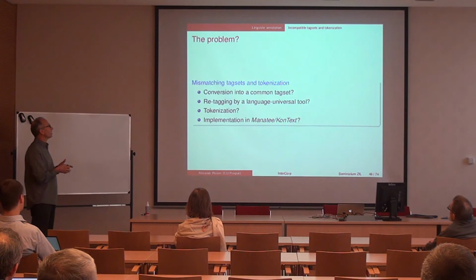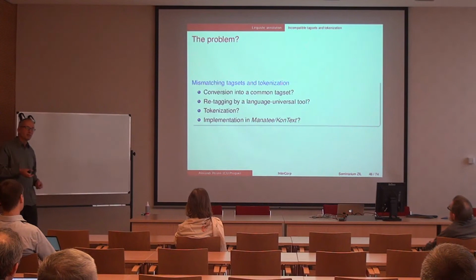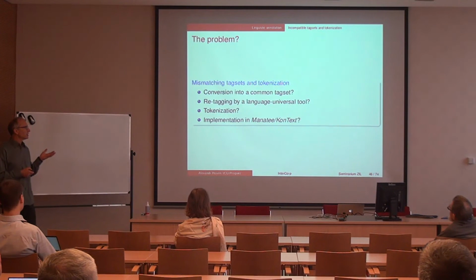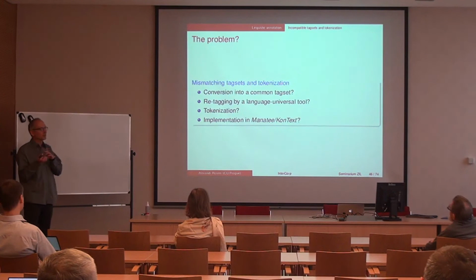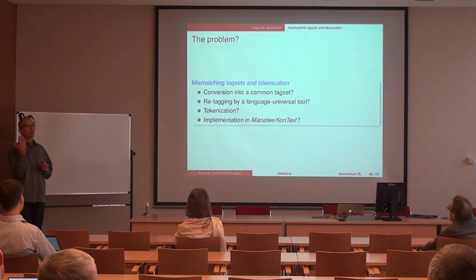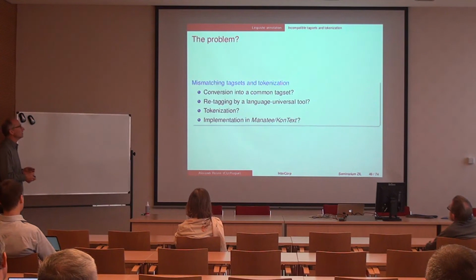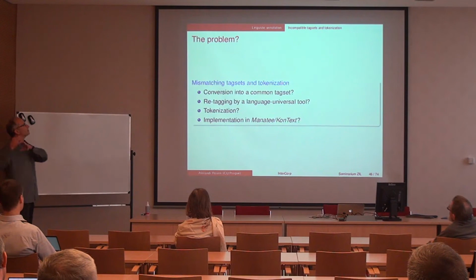Or should we retag it with something else which would give us this common tagset or something language universal? And what about tokenization? And how to implement the result in our corpus search tool and interface? So conversion or retagging, that's the first question. Then into what? How should the result look? What about tokenization and how to implement that?